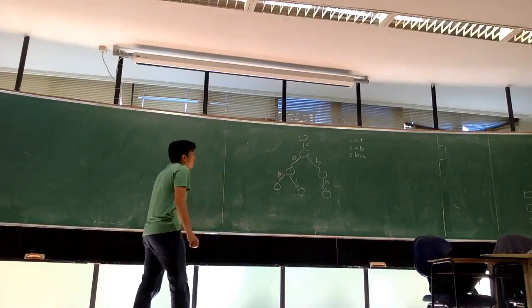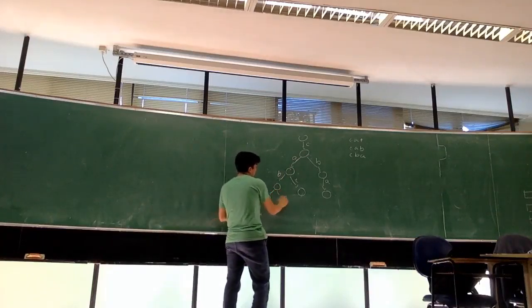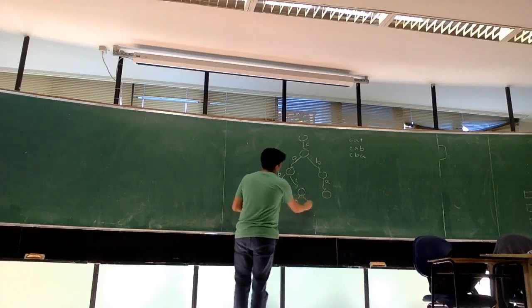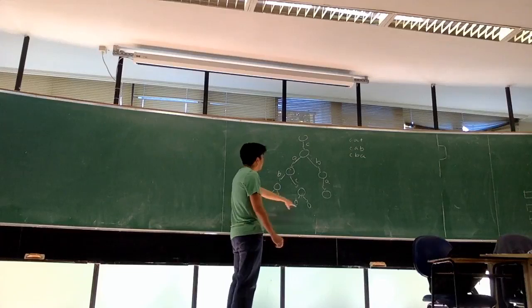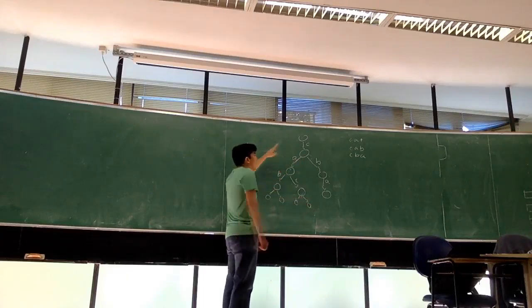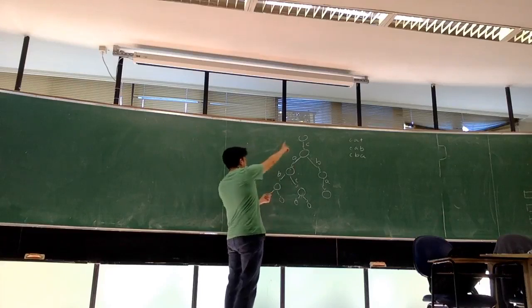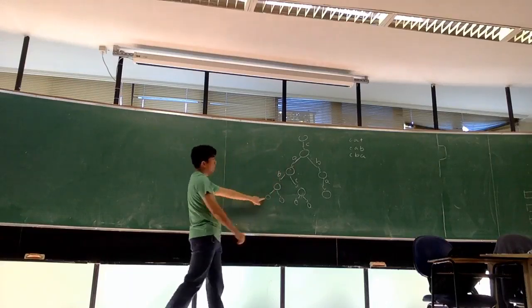So I'm going to propagate this information to the remaining vertices in the corresponding substrings, so that in each node I know exactly the number of strings in my set that are prefixes of the string corresponding to this node in the trie.